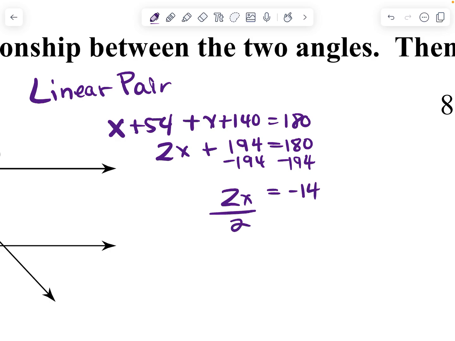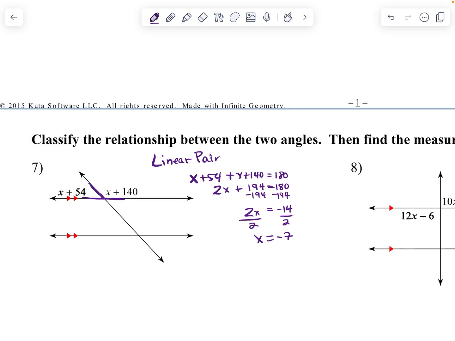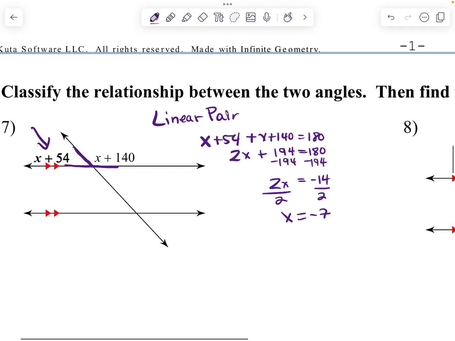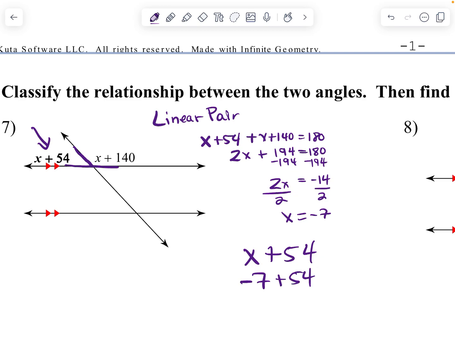I divide by 2 and get x equals negative 7. But it's not asking for what x equals. It's asking for the bold angle. The bold angle is this one right here. So it's wanting me to take x plus 54 and find out how much that angle is. So I'm going to replace the x with negative 7. And that would get me, the angle measure is going to be 47 degrees.